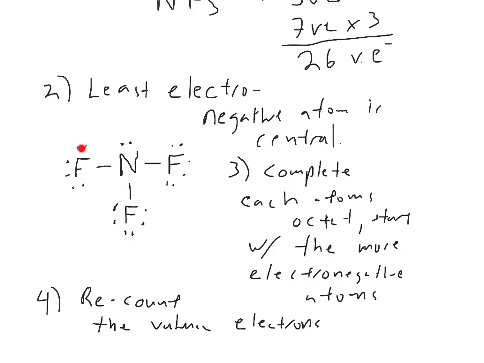And we count them. 2, 4, 6, 8, 10, 12, 14, 16, 18, 20, 22, 24, 26. So our structure matches the valence electrons that we have. Okay, so we have to have 26. Our structure has 26.